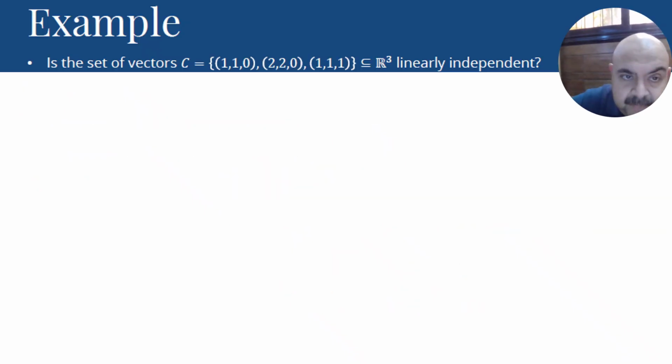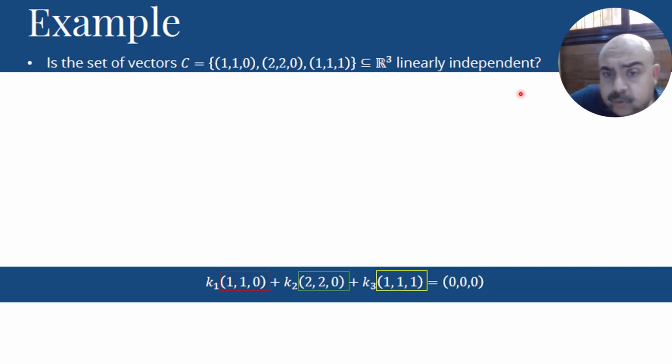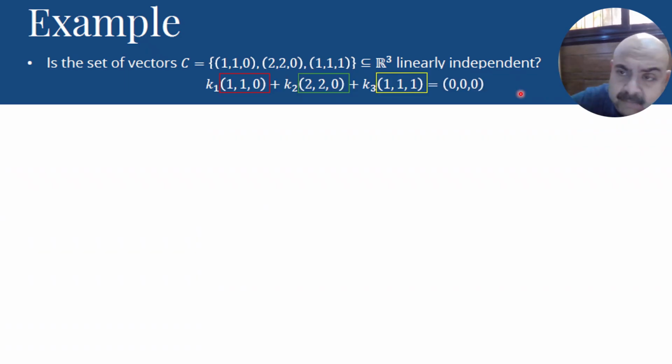Let's see this example. Let the set C be 1, 1, 0, 2, 2, 0, 1, 1, 1. Is this set linearly independent? Once more, how to discover this? All I have to do is to put them in the equation, which is K1 v1, K2 v2, K3 v3 equal to 0, and try to search for K1, K2, K3 that will make this equation correct.